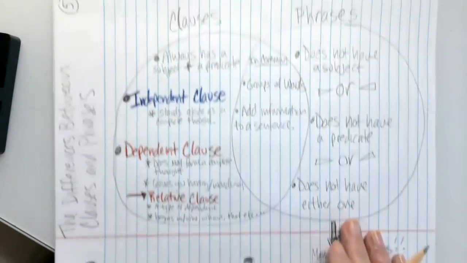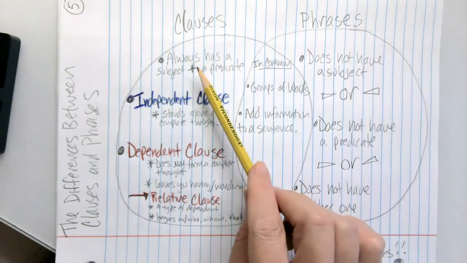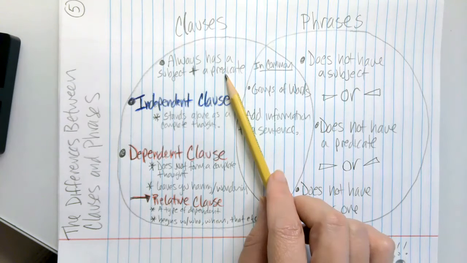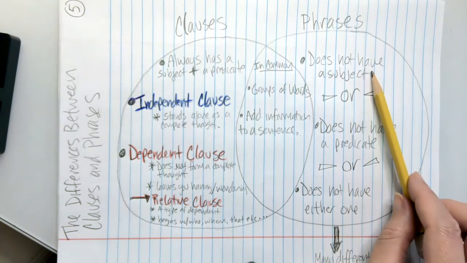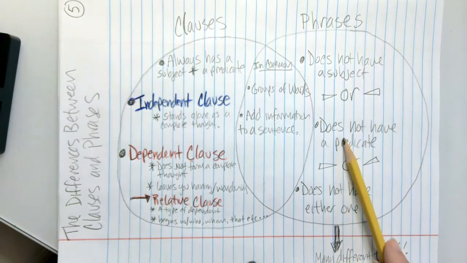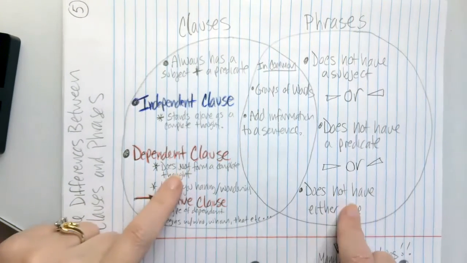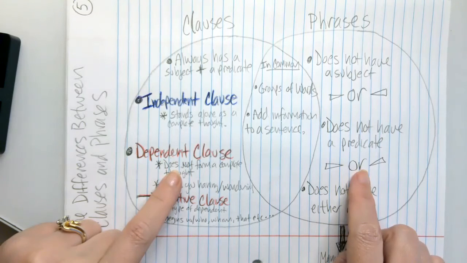So wow, that seems really simplistic, doesn't it? A clause always has a subject and it always has a predicate. A phrase is going to either be missing a subject or missing a predicate or missing both. And that, you guys, is how we determine whether something is a phrase or a clause.